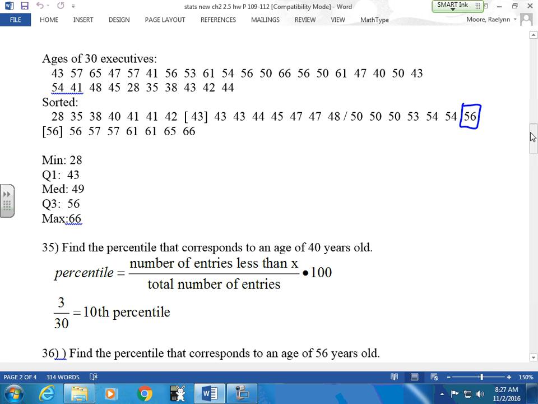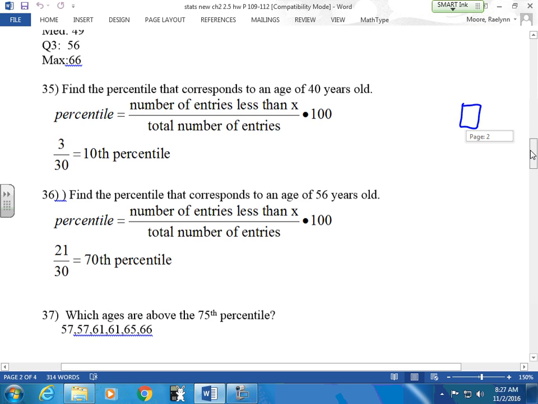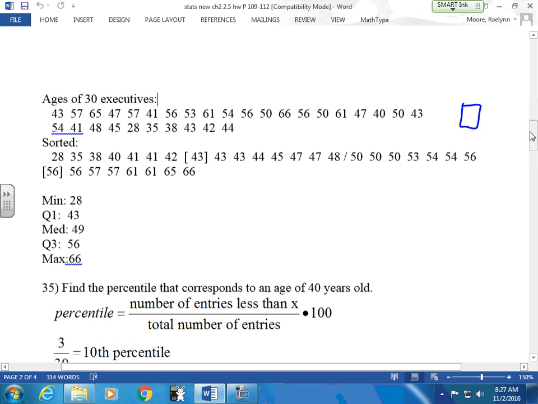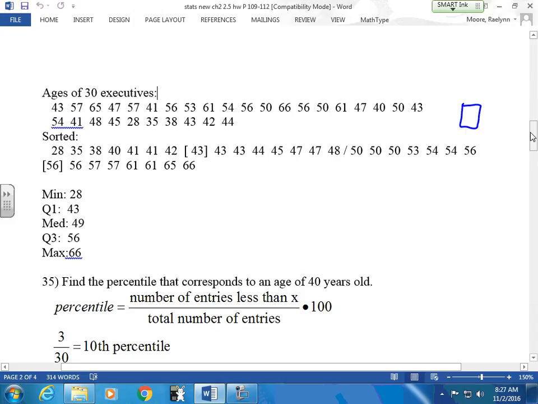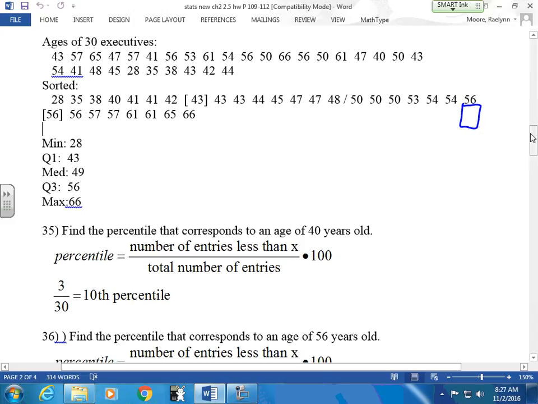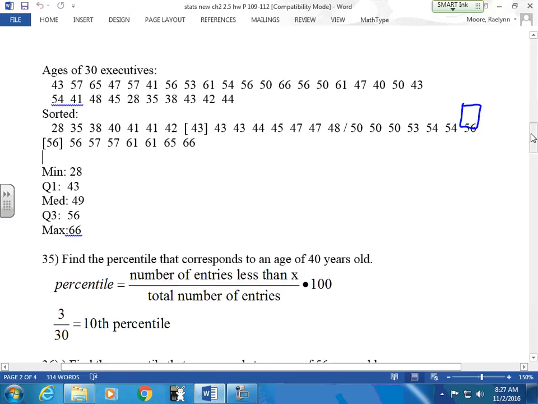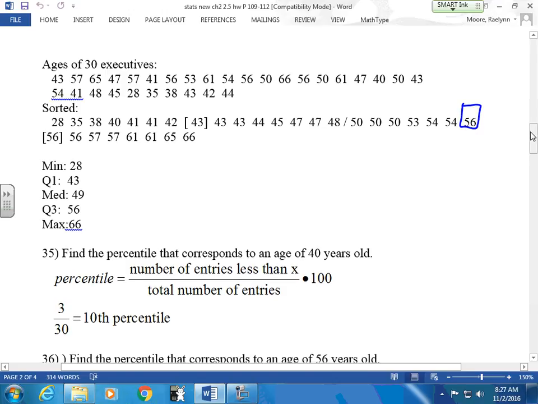The number of entries less than the 56. I think they took the first one.